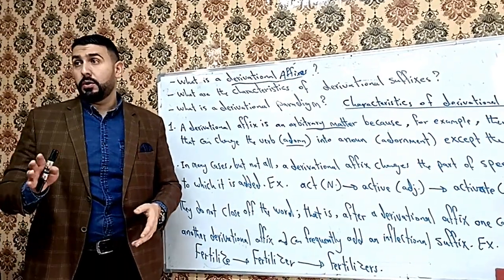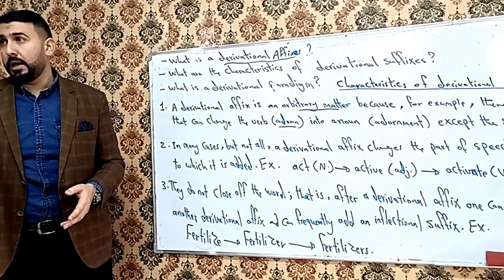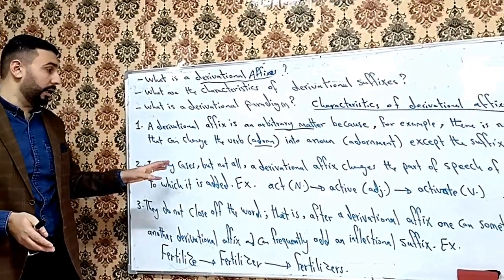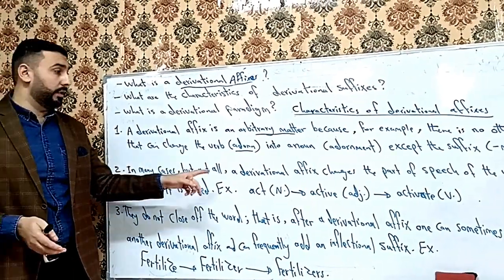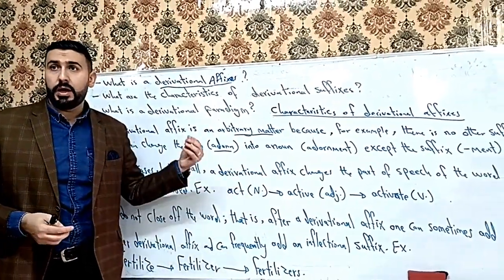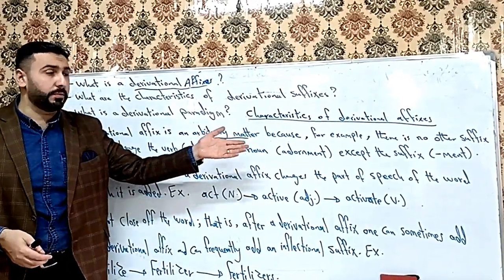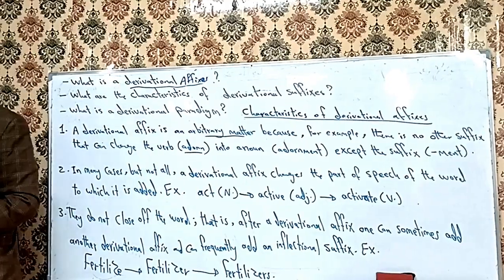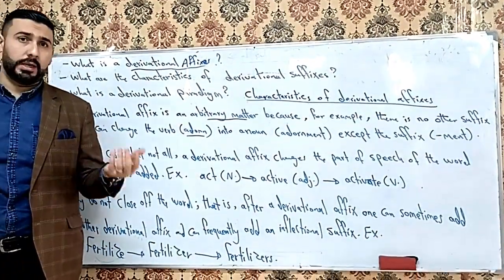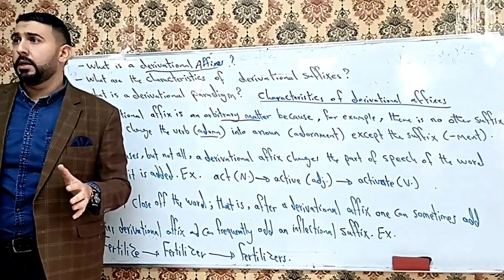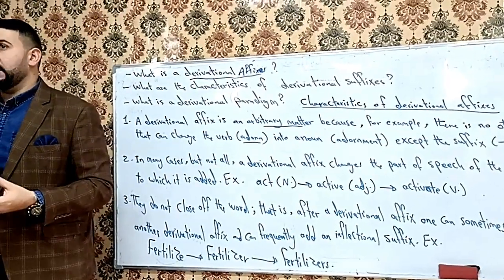Okay? So in many cases but not all, derivational affixes change the part of speech, تغير لنا الجزء الكلامي. قلنا احنا الأجزاء الكلامية عددها شقد؟ We have 9 parts of speech.